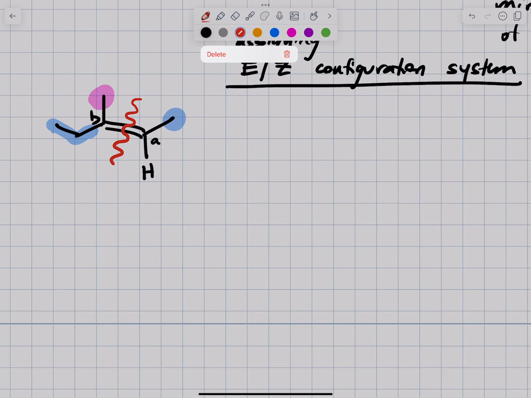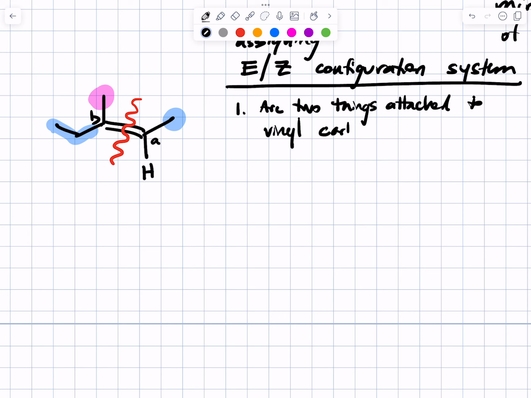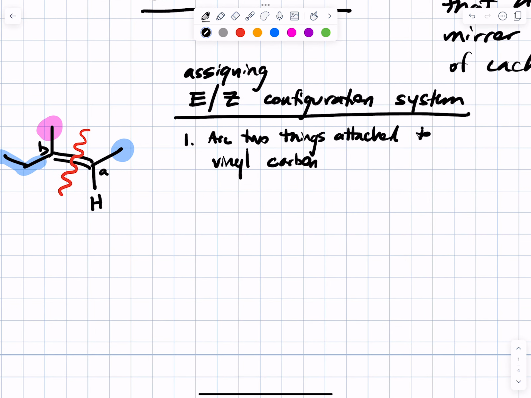The first question that we're going to ask is, are the two things attached to the vinyl carbon that you're looking at the same? Are they the same atom or different? Hold on. Let me back up a little bit. Are the two things attached to the vinyl carbon overall, are they the same or different?